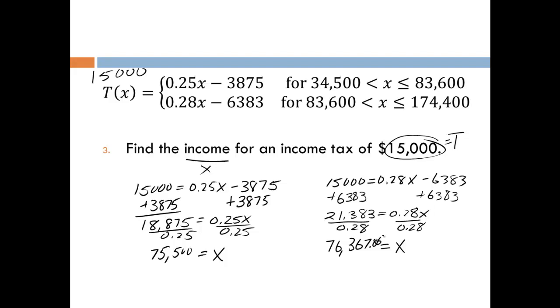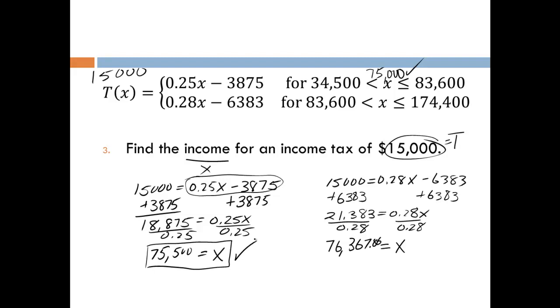For the first equation, we used the first piece of the function, and we got an answer of 75,500. Does that fit within the inequalities? Is 75,500 between 34,500 and 83,600? Yes. So that means this is part of our answer.